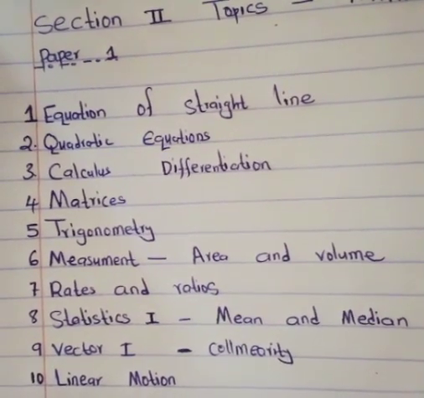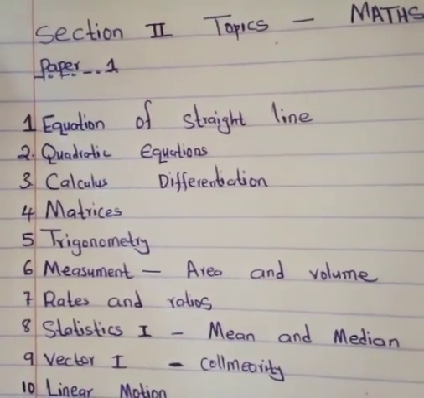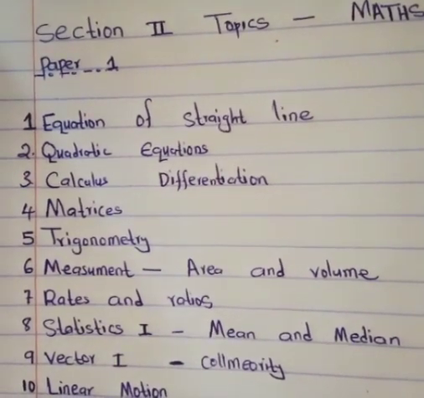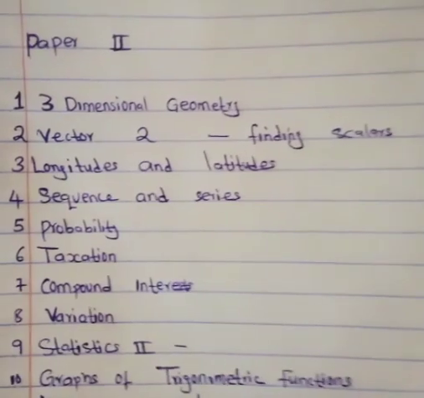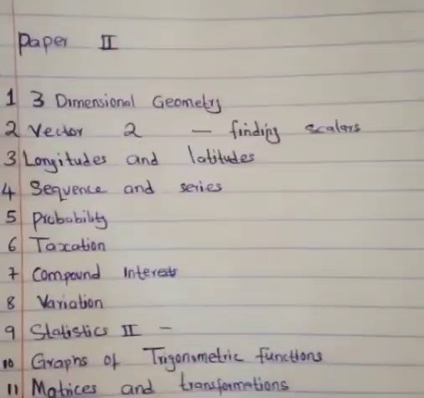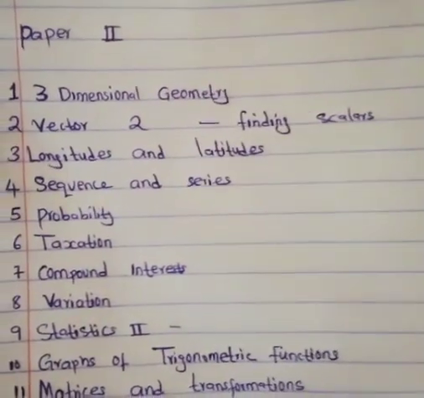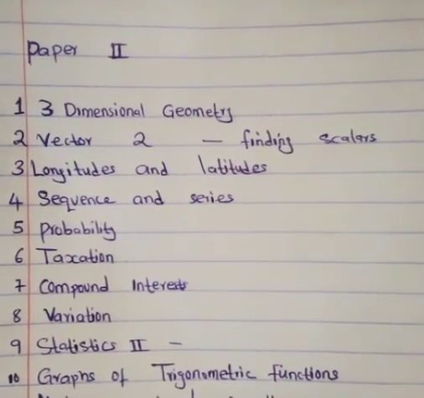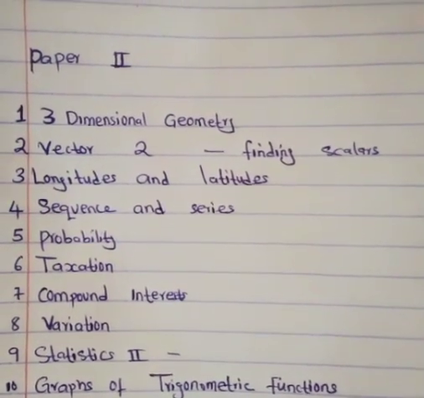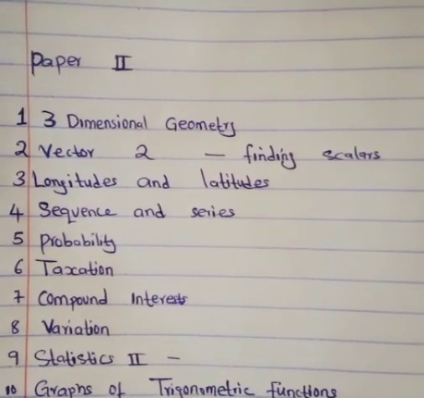Then we have paper 2. Paper 2, I've said also it has section 1 and section 2. So paper 2, section 2, these are the topics. First topic is 3-dimensional geometry. We have vectors, and here we have mainly finding of scalars. We have longitude and latitudes. We have sequence and series.